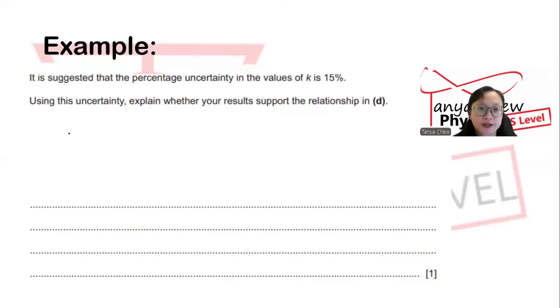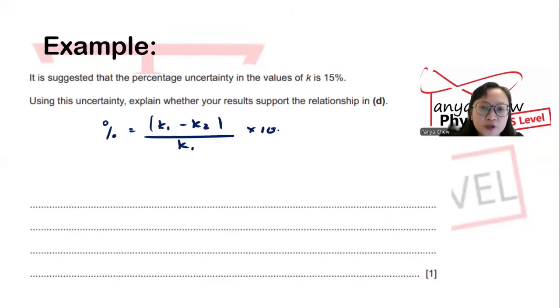So this is a blank space for you to show your calculation: modulus of K1 minus K2, because you take the larger value minus the smaller value, divided by the smaller value of K, times 100%. If the percentage uncertainty is more than 15%, then your result does not support the relationship. If your percentage uncertainty of K is less than 15%, then your result supports the relationship in D. You have to explain it.